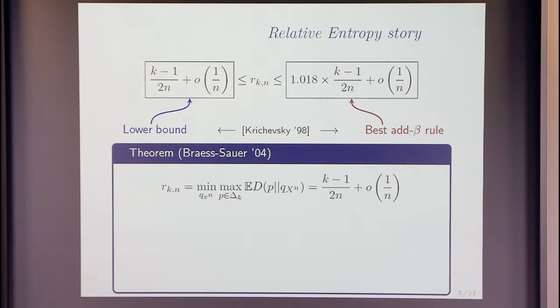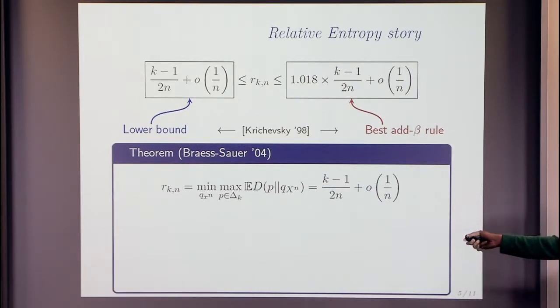Which Sauer is it? Yeah, Thomas Sauer. I hope I'm not wrong. I believe it is Thomas Sauer. The lower bound is tight. That's the answer. The lower bound, the asymptotic behavior, the first order term is (k minus 1) over 2n.